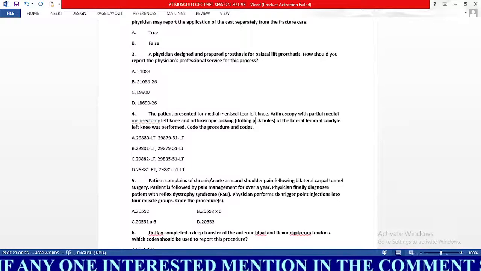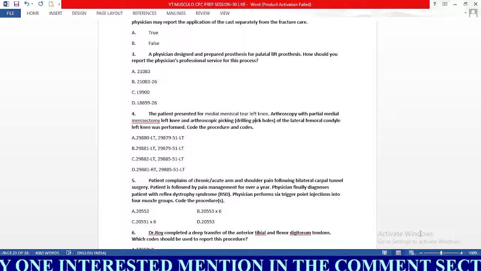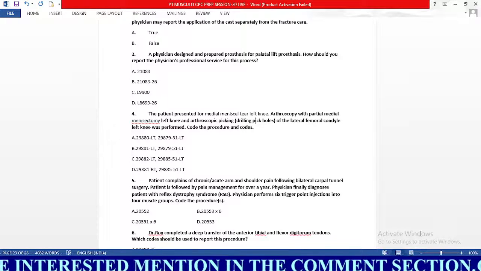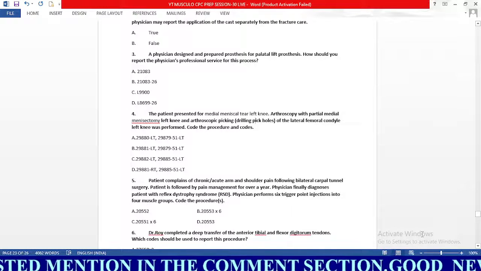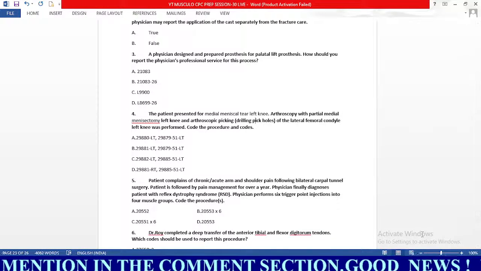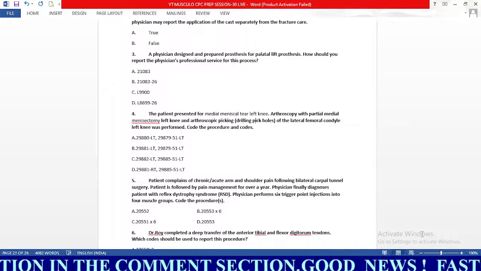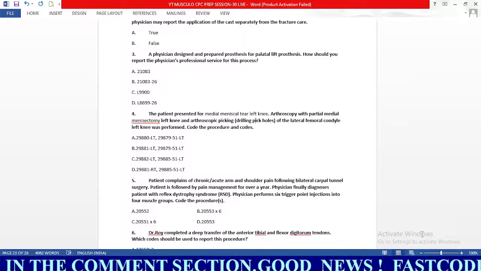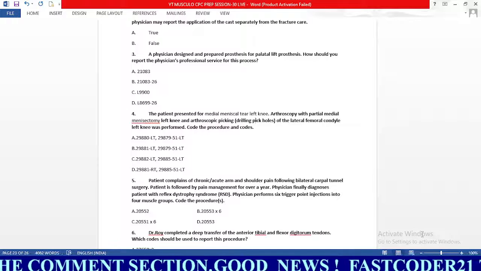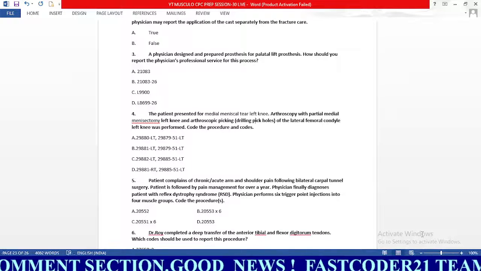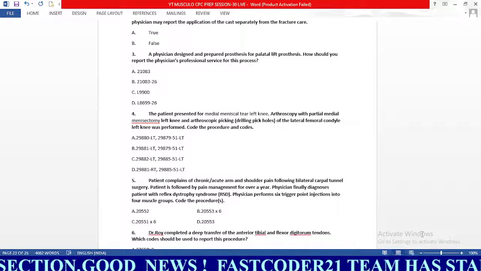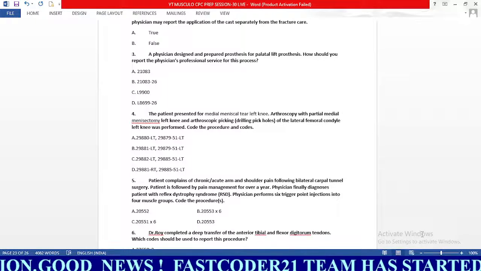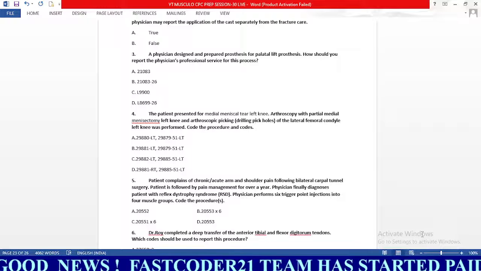Yeah, thank you, DS. So 29885 is for drilling for osteochondritis dissecans with bone grafting with or without internal fixation.